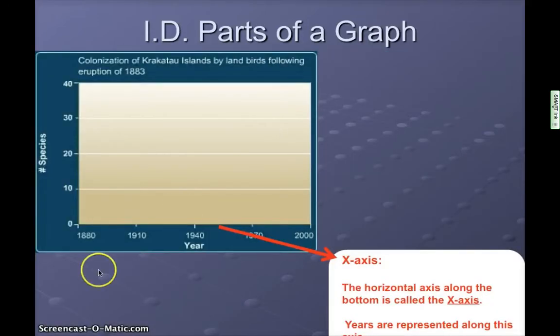The x-axis, which goes horizontally on the bottom here, usually represents time in most line graphs, although it could be something else. And here it's represented by years. Notice that both the x and the y have labels for the data, as well as numbers.